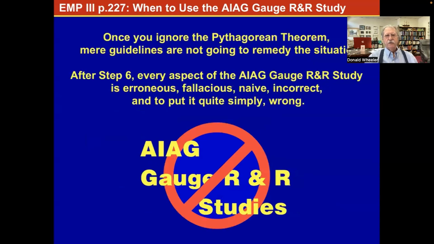Once you ignore the Pythagorean theorem, mere guidelines are not going to remedy the situation. After step 6, every aspect of the AIAG gauge R&R study is erroneous, fallacious, naive, incorrect, and to put it quite simply, wrong.